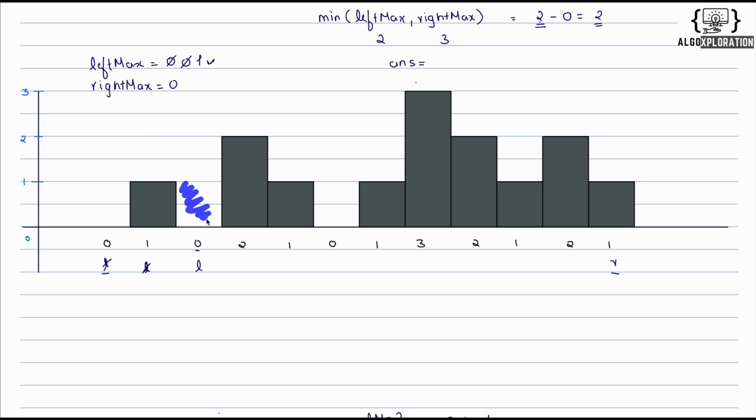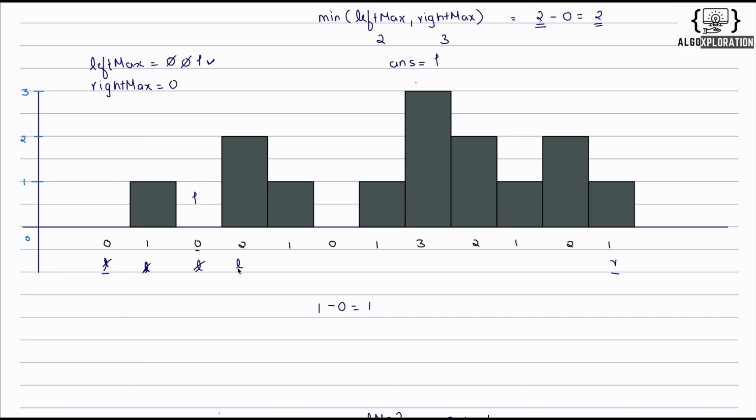How can we calculate it? Subtract 0 from the left max, so 1 minus 0 will be 1. It means this building can hold 1 unit of water. After calculating, update your answer, then move on.